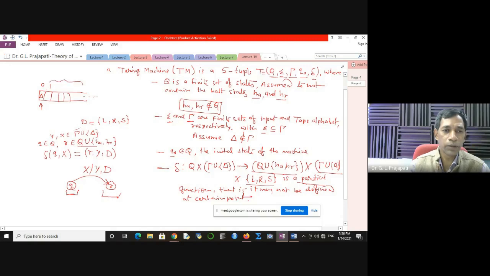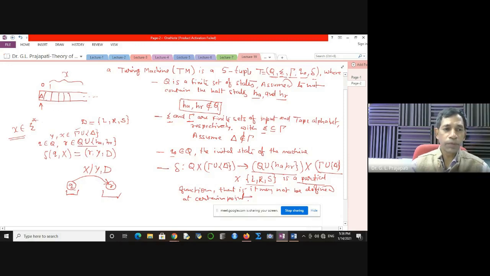From here you store the input x, and after x everything is blank. x does not contain the blank symbol because x is taken from sigma. x is any string from sigma, and blank is not a member of sigma, so x does not contain any blank symbol.